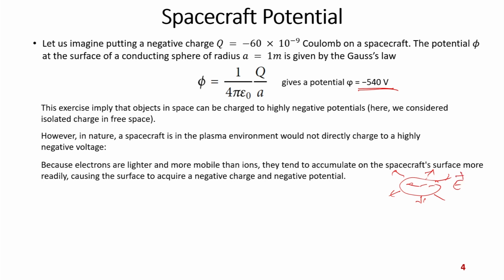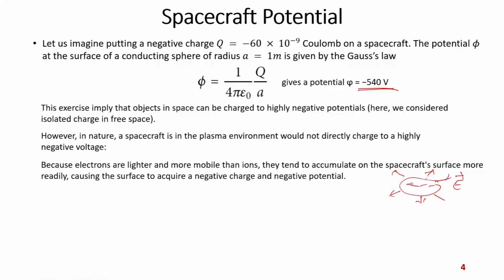Now, this negative charge, once it has built up its own potential, its field, will not allow further negative charge to come. Even a negative charge can come, provided it can overcome the potential energy imparted by this electric field.